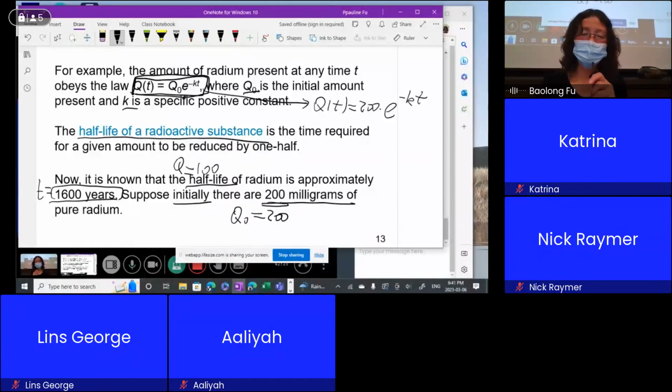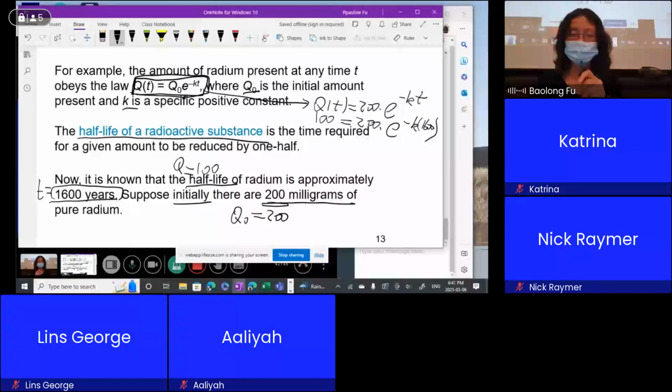Okay, so how do we translate this into mathematical model? When t equal to 1600, Q equal to 100, you write down this. So this is the mathematical model: 100 equal to 200 times e raised to power negative k times 1600.